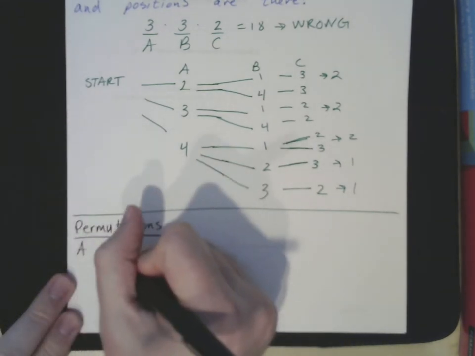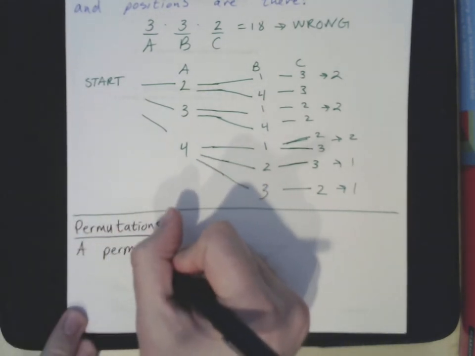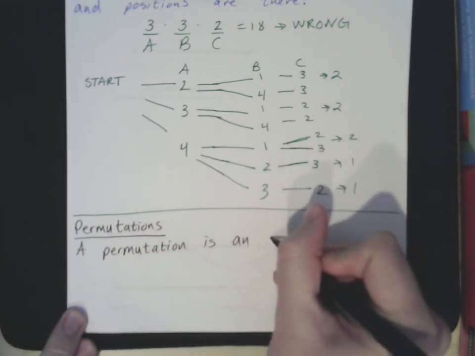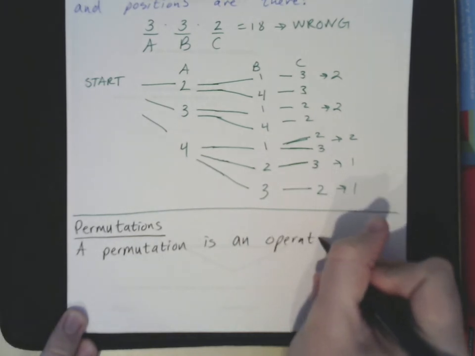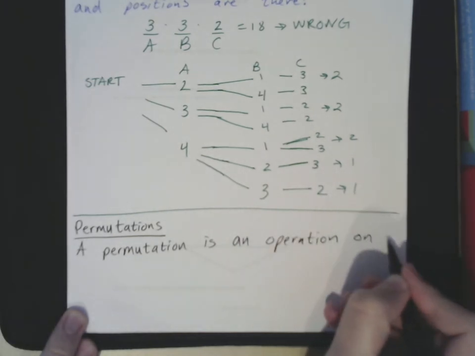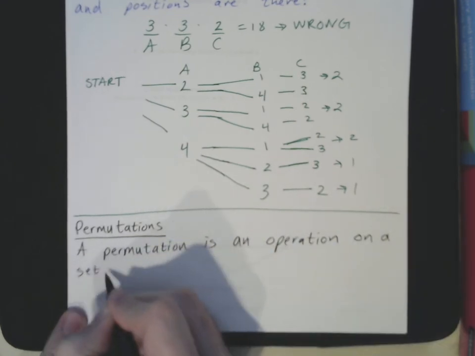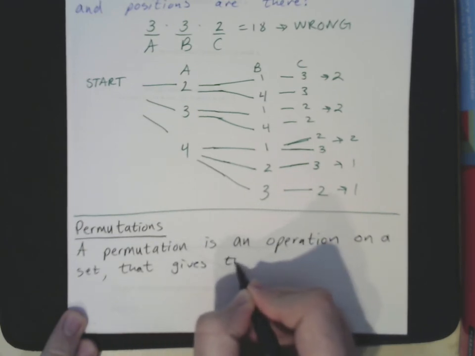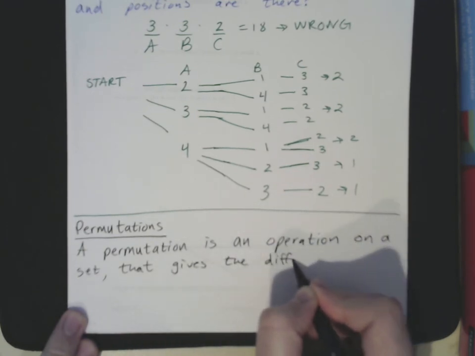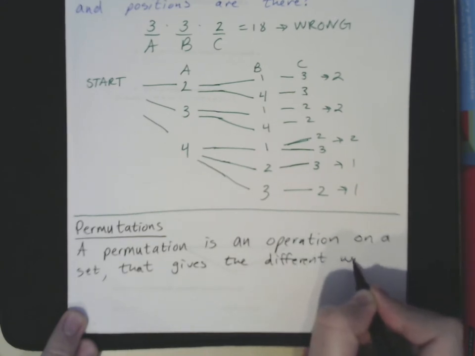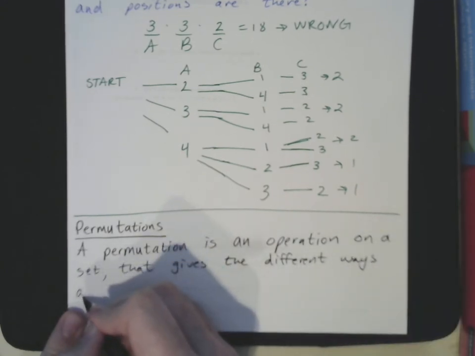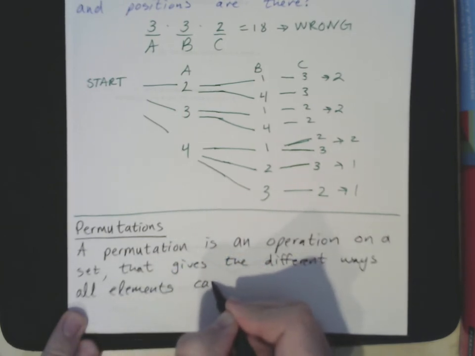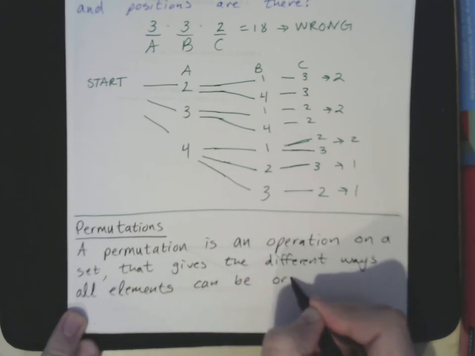So a permutation is an operation on a set that gives the different ways all elements can be ordered.